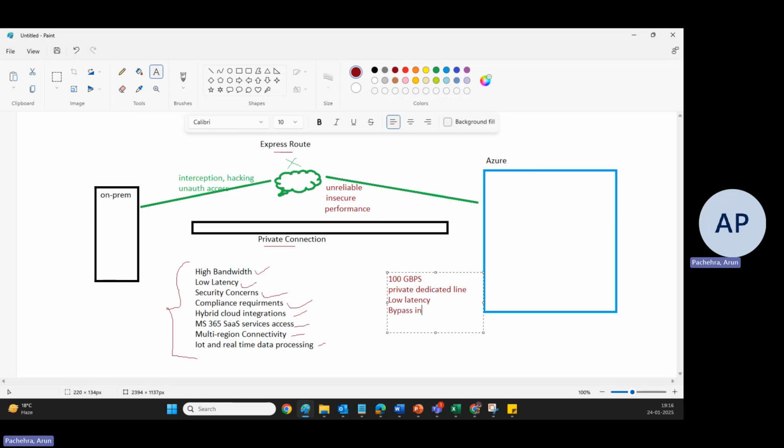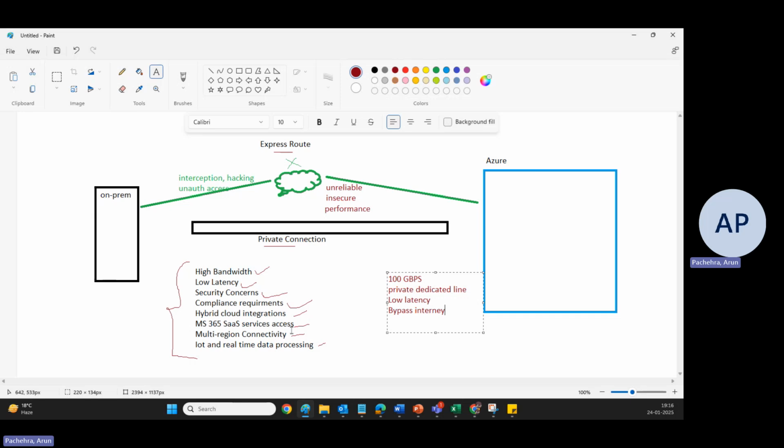Bypass internet, right? So these are the challenges, and here is the solution through ExpressRoute. That's why I'm writing like this. Now, another one was compliance. Because it is a private connection, you are not going over the internet, so you're not hitting your compliance, right? So it helps maintain your compliance.